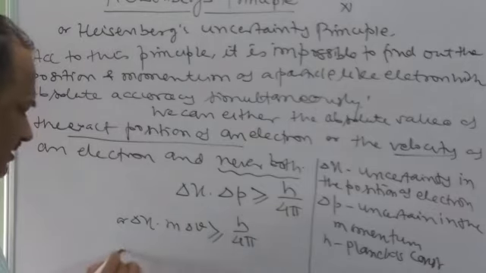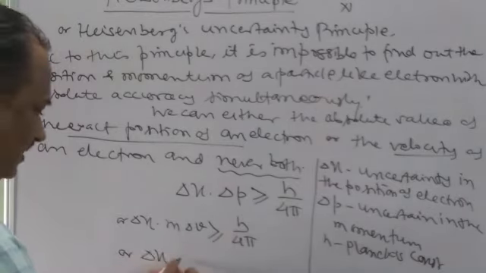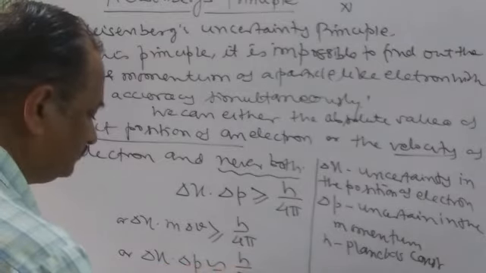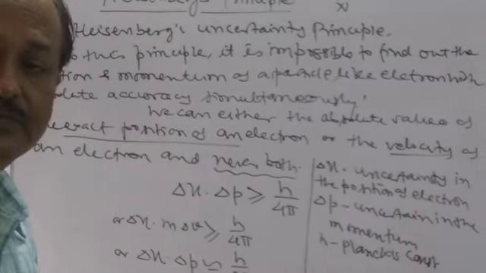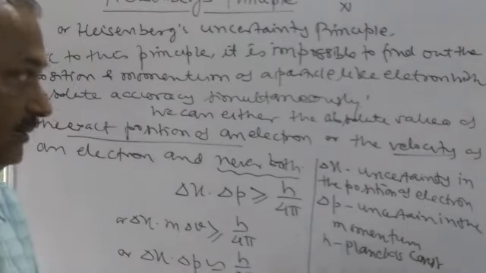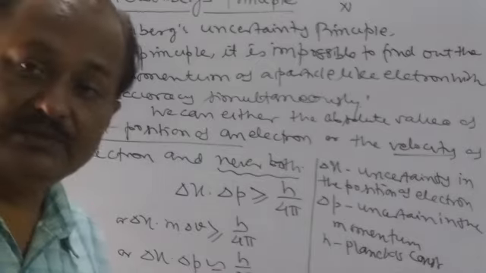Some persons also write that delta x, delta p is nearly equal to h upon 2 pi. So this is the basic information about the statement and the mathematical approach.